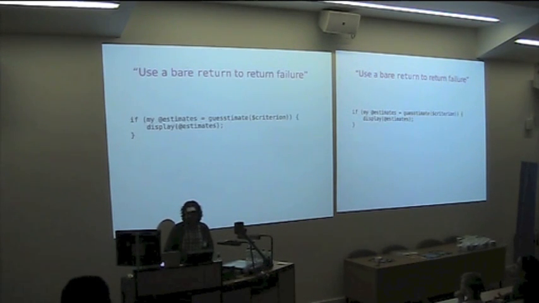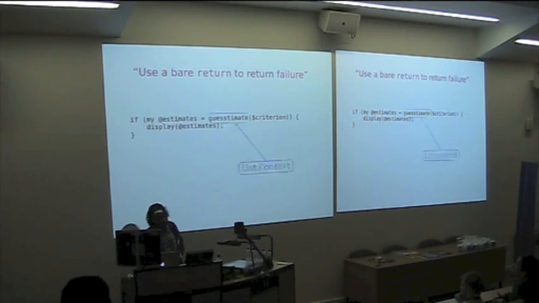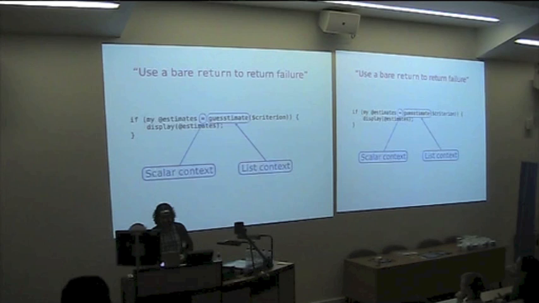So in examples like this, for example. So let's unpick that. The call to guesstimate is on the right-hand side of an assignment to an array variable. So that means it's a list assignment, so guesstimate itself is called in list context. But that list assignment itself is in the antecedent of an if statement, so it gets run in scalar context. So what does that mean? Well, a list assignment in scalar context yields the number of elements on the right-hand side, roughly.